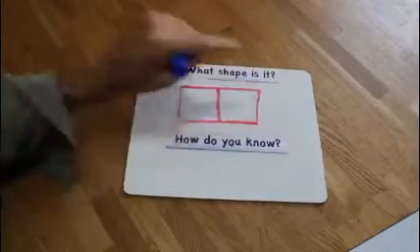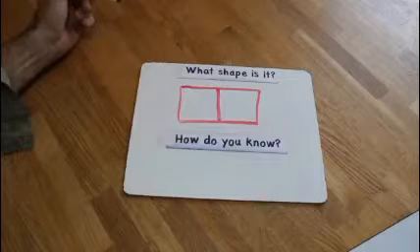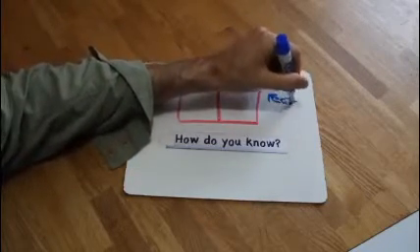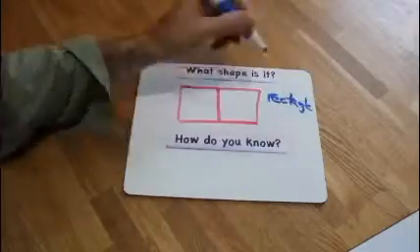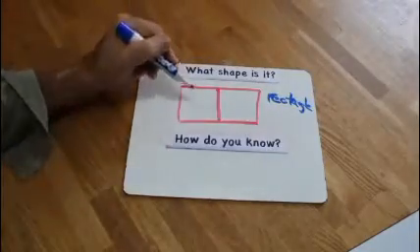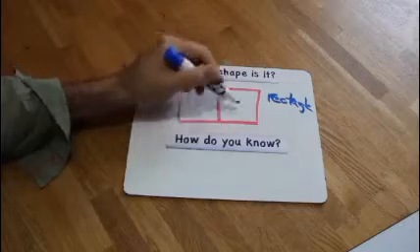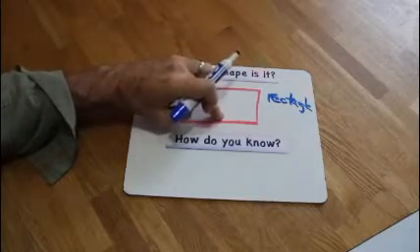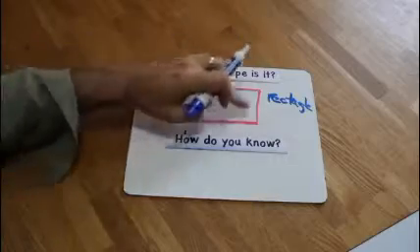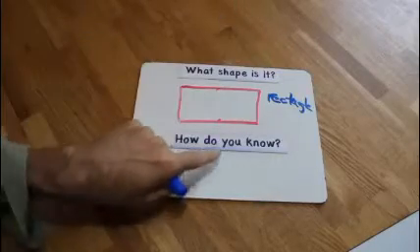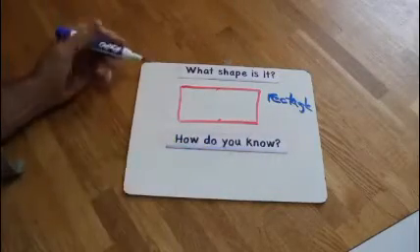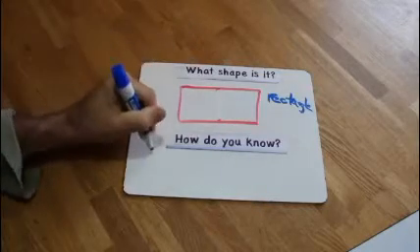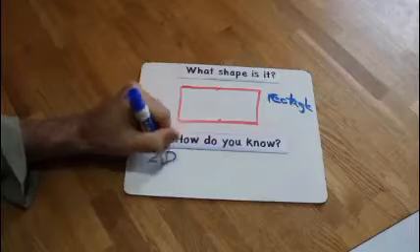What shape is it? It's a rectangle. Okay? But what is the rectangle made of? The rectangle's made of 2 squares, but the overall outside, if we take this part away, is going to be a rectangle. How do you know? Well, it's flat, remember, and that's 2-dimensional or 2D.